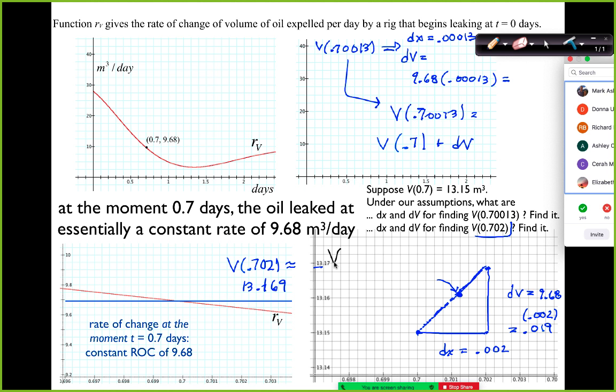We could do like V of t. Okay, but we weren't using t anymore. Oh, sorry. You wrote x, yeah. So V of x. That okay? So V of x. And Donna, what were you saying about that? So this is like final volume. Mm-hmm.